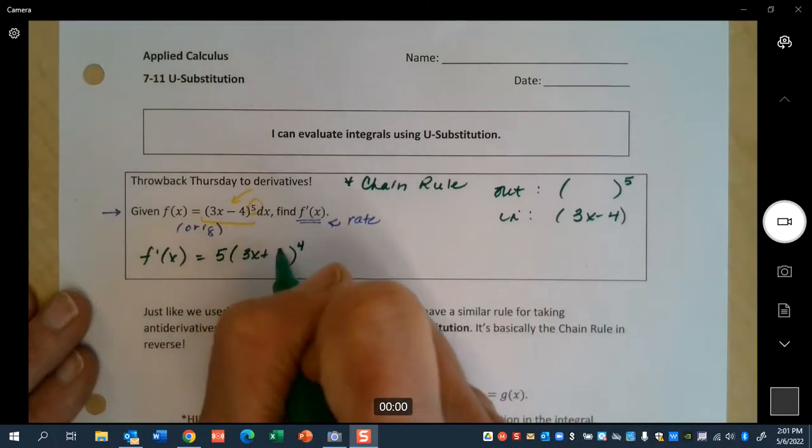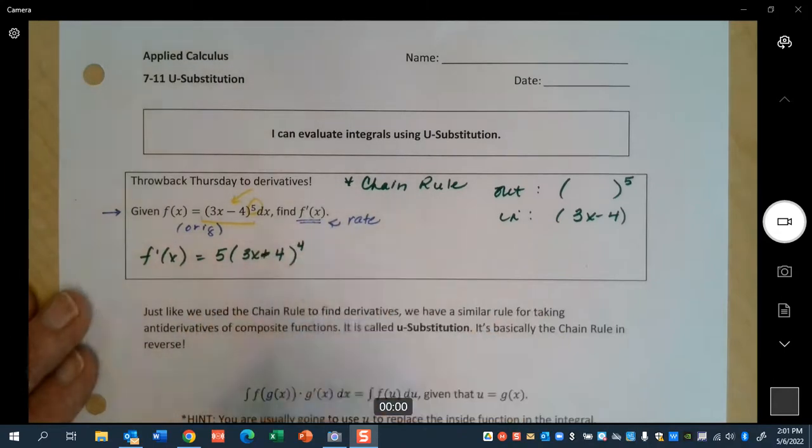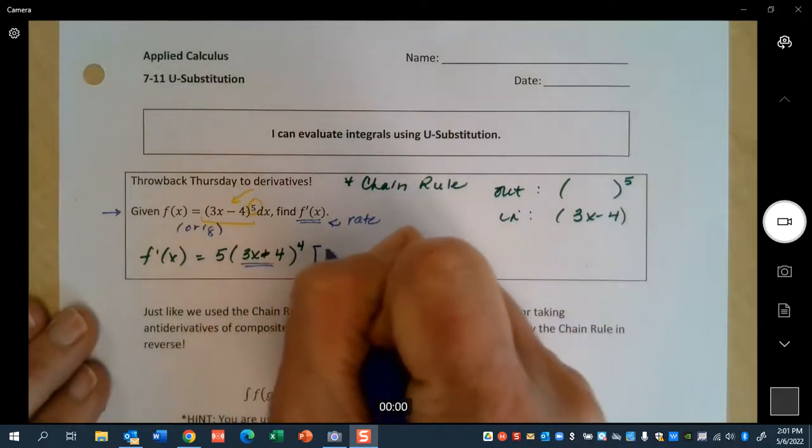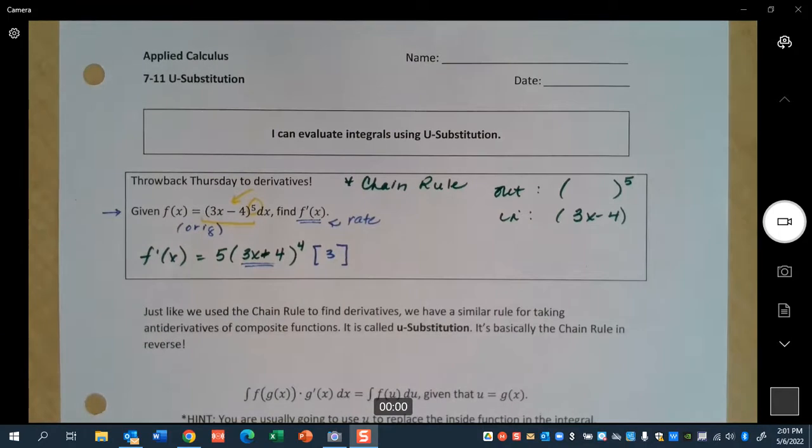Whatever's inside, I need to also consider this part here, and then when I take the derivative of that, that makes sure that I've considered everything.